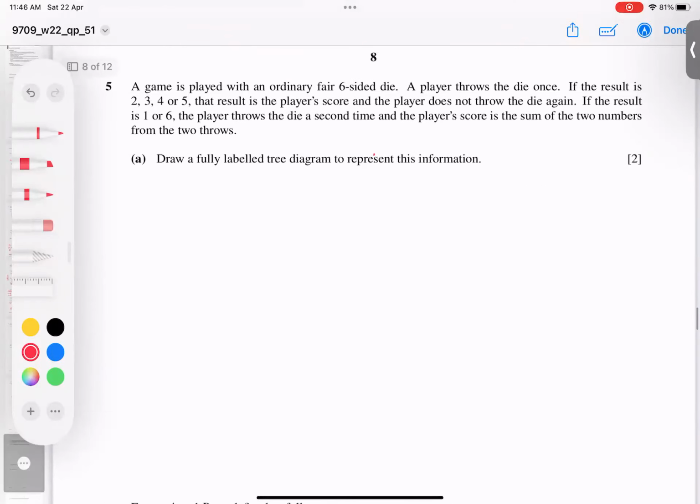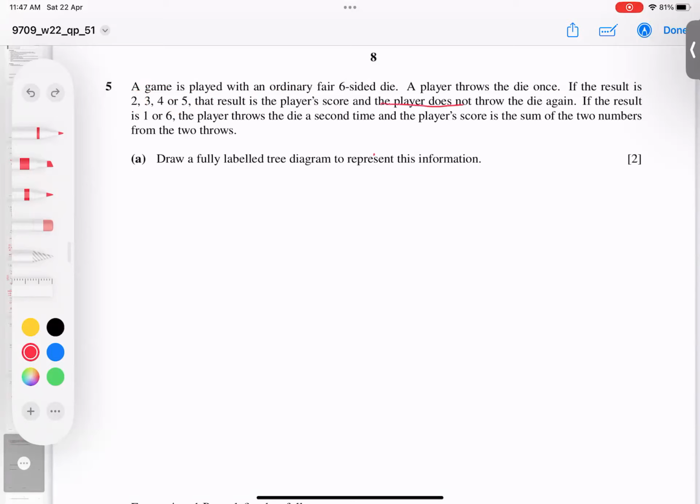Question number 5. What do we have in question number 5? A game is played with a 6-sided die, an ordinary one, not biased. A player throws the die once. If the result is 2, 3, 4, or 5, then that is the player's score. For example, if one student gets a 2 on top of the die, he gets a score of 2. If one student rolls a 5, then 5 is the score.